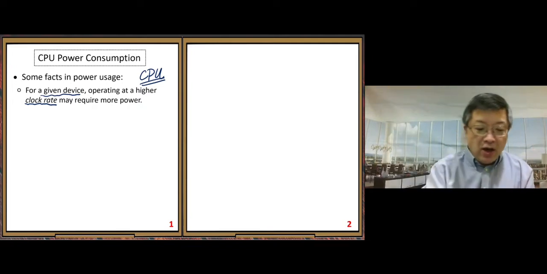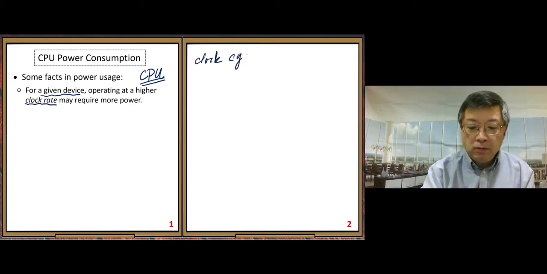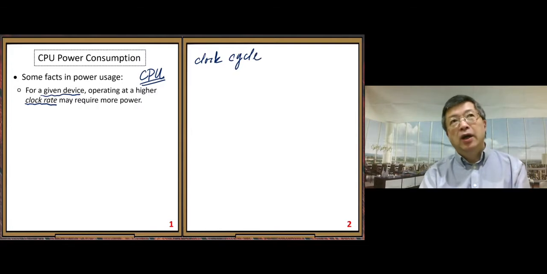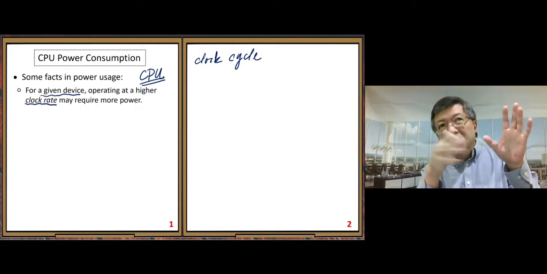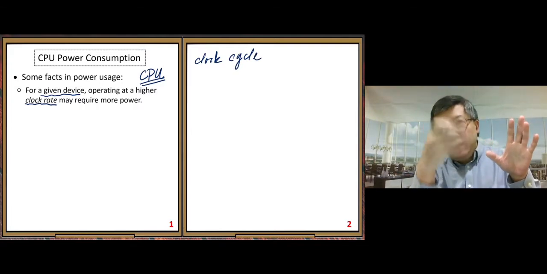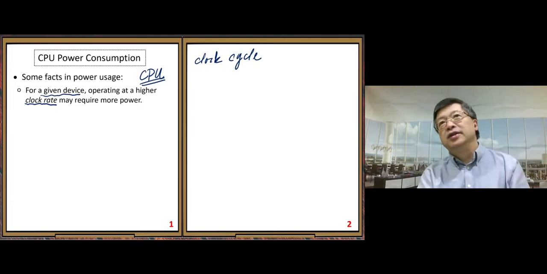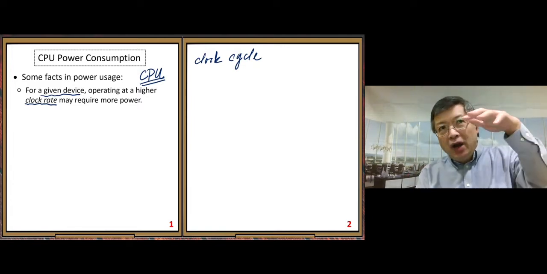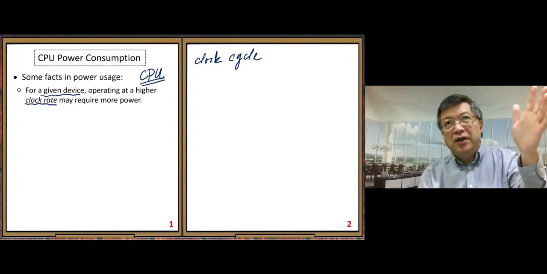Another concept, clock cycle. The clock is running at tick, right? Tick, tick, tick. So one clock tick corresponds to one clock cycle.